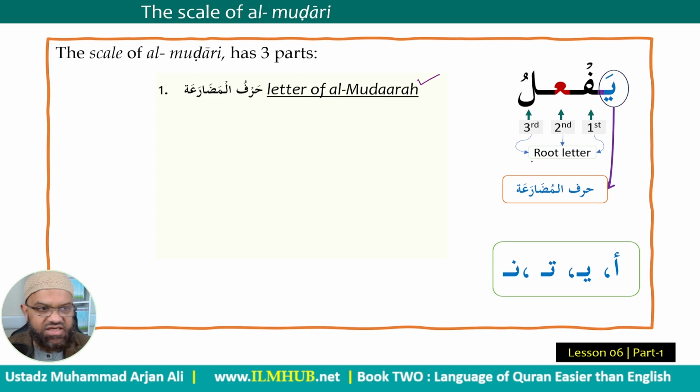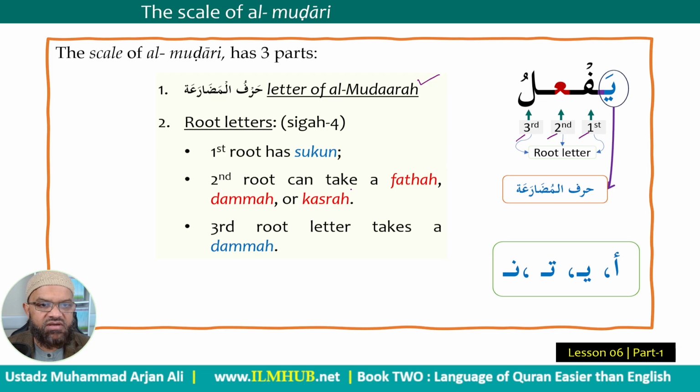Then you have your three root letters, just like we've seen before, first, second, and third, and you've got the arrows pointing to indicate the scale. So what happens with these three root letters? Please note, the root letters must be there. What we have at the beginning is not a root letter, but a prefix. Prefix being a letter, either ya, ta, hamza, or noon. So the rules are very, very simple.